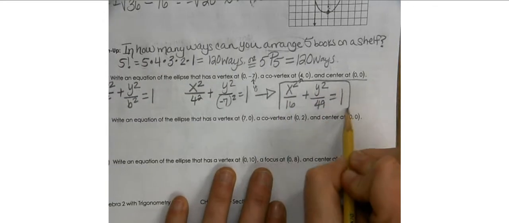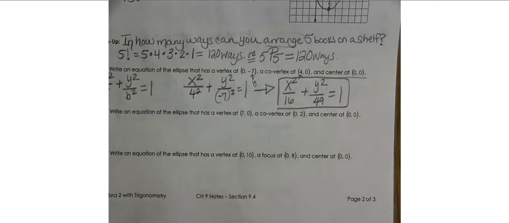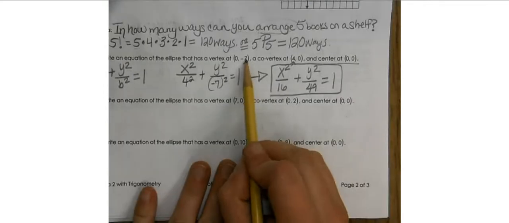That is all that you do. So what we do here is we're going to look at in what position is the number. In this case, our number was located in the y position, so -7 would go below y. We're going to make sure we square that value. 4 was located in the x position, so I'm going to make sure that 4 squared would go below the x squared in that fraction. And then it's equal to 1.